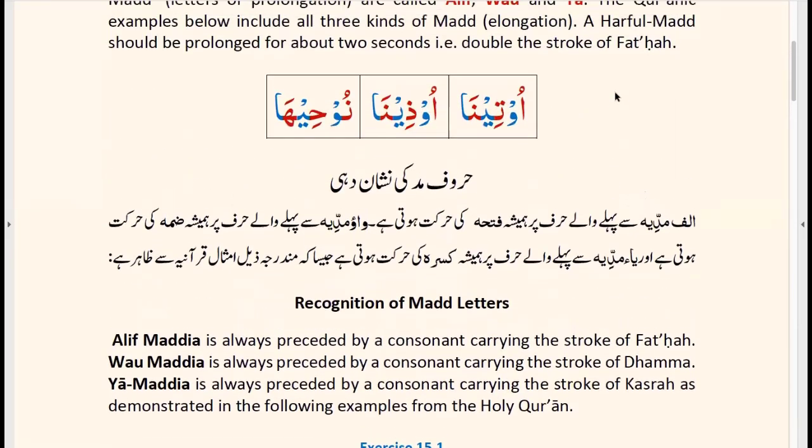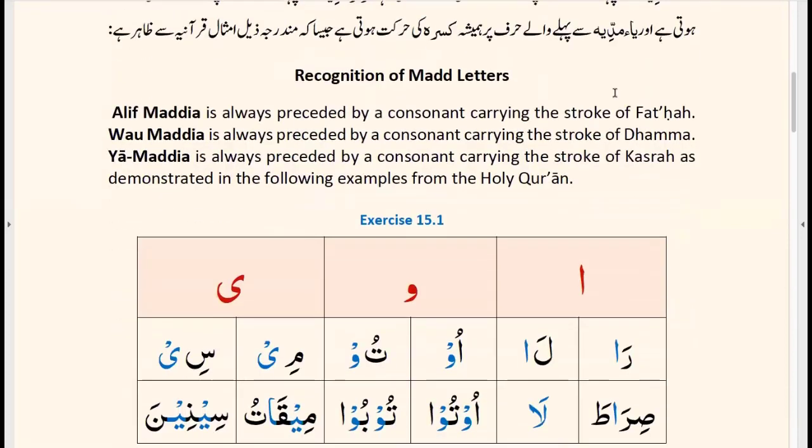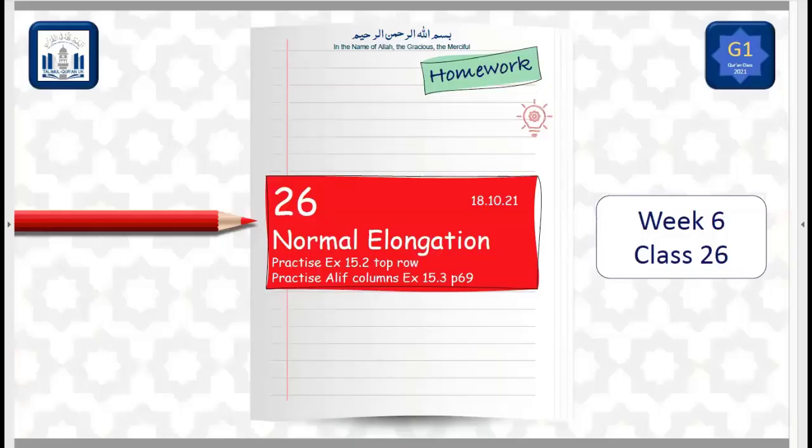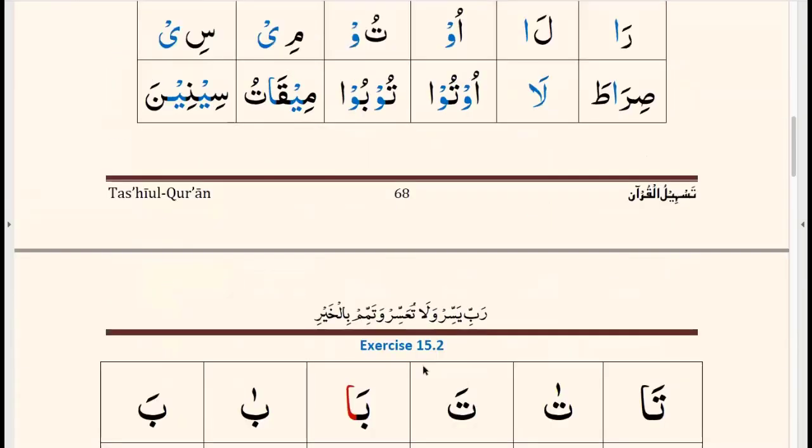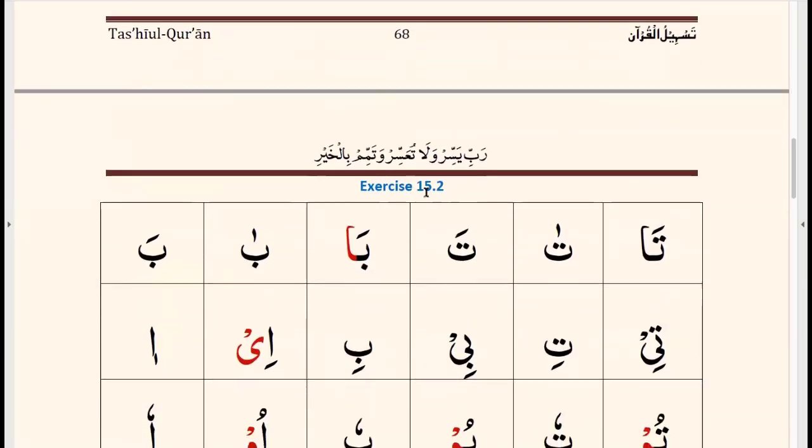Now I will go through the homework. Homework is practice exercise 15.2, the top row. Let me quickly show you which one it is. This is exercise 15.2, and this is the top row, which has all the fathahs on it and the Alif Madiyah.